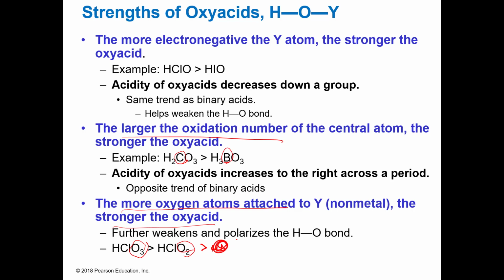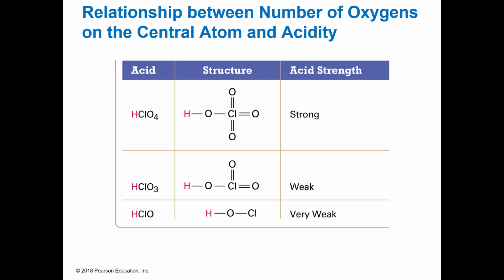Or if you have 4 oxygens, that's going to be stronger. We're using chlorine here, so we've got perchloric acid, and chloric acid, and then hypochlorous acid, and so this is strong, weak, and then very, very weak.